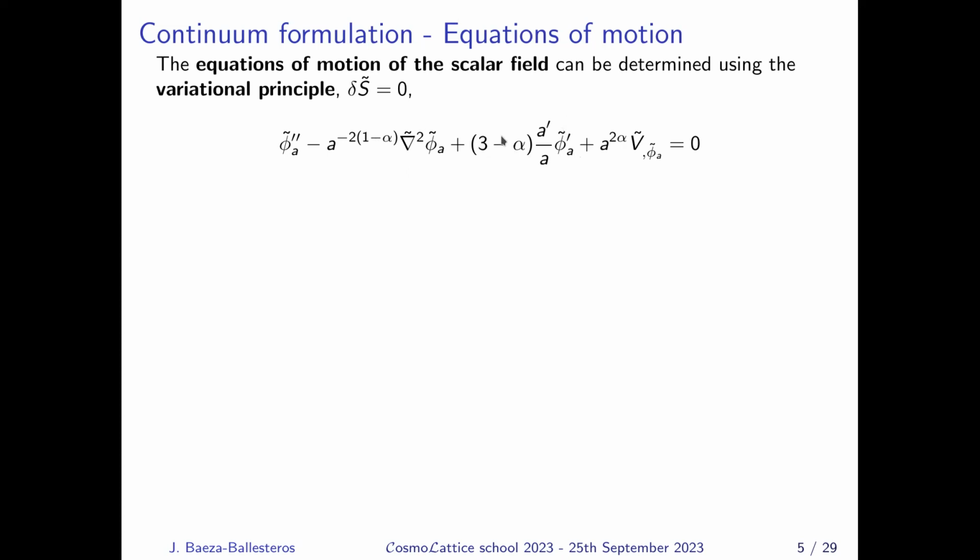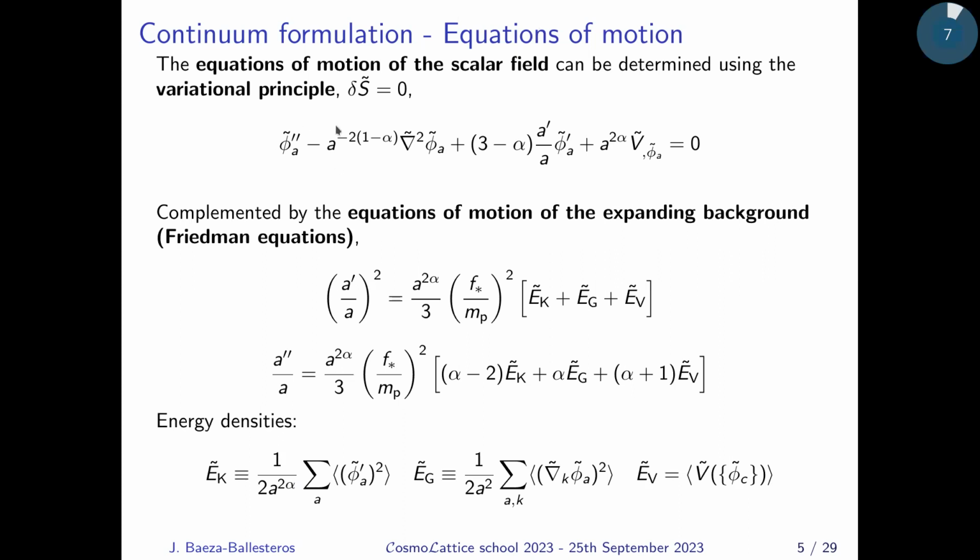The third term is the Hubble friction, that contains the Hubble parameter, so it contains the effect of the expansion of the universe. And then the last term, the potential term, is the usual force that sources the dynamics of the field.